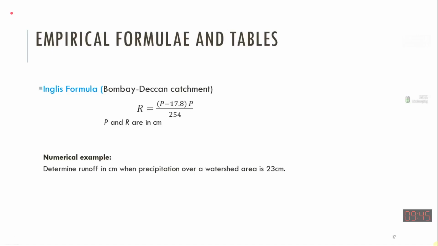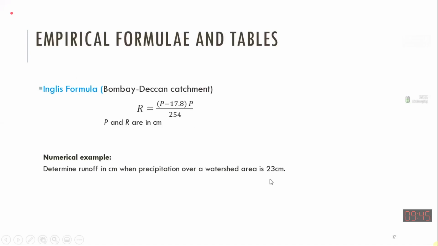Downstream of that dam, the flow will be controlled flow, released by the dam operator, so we cannot use such formulas there. These formulas are for natural basins which don't have much control. They flow depending upon precipitation, and their flow depends upon the physiography of the basin, not upon the dam operator or some structure. There such formulas can be utilized.